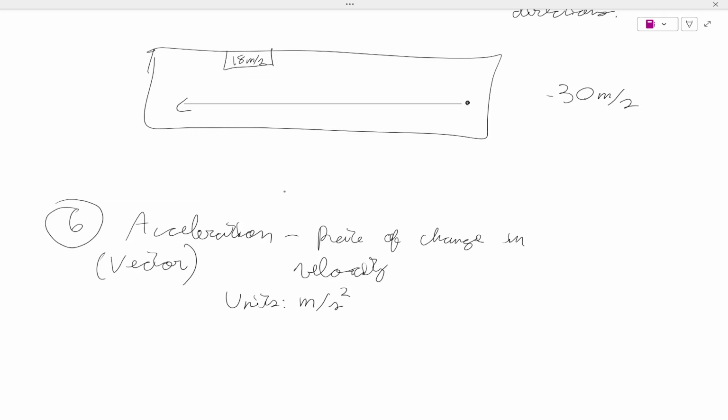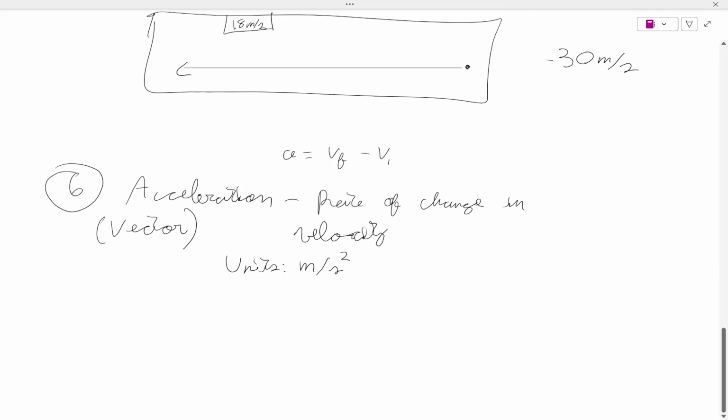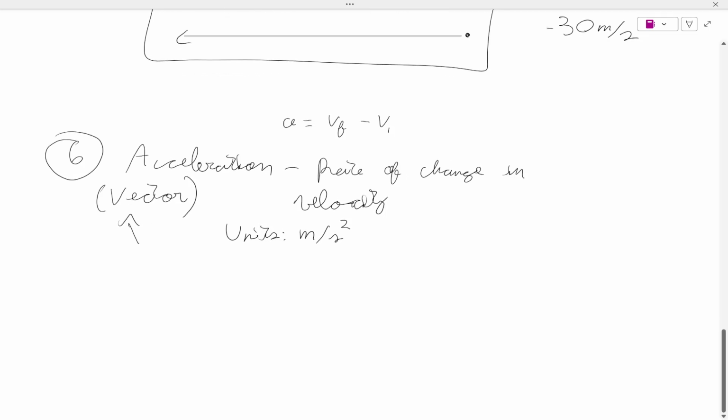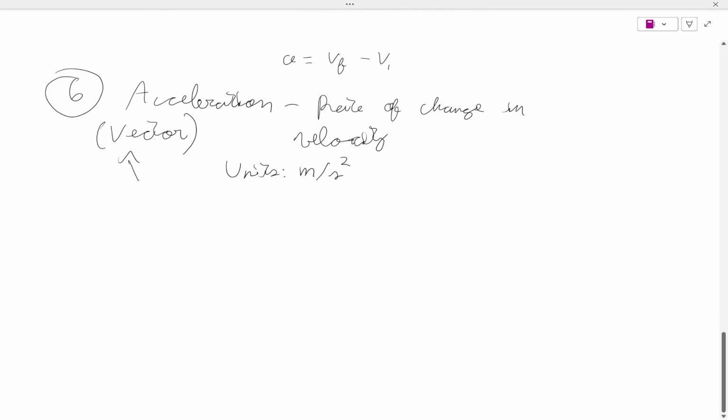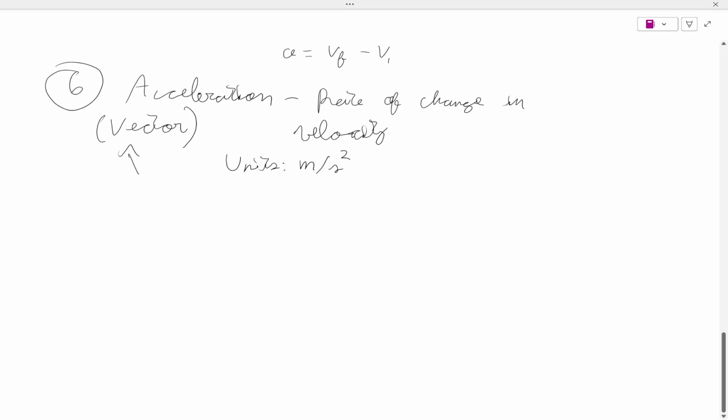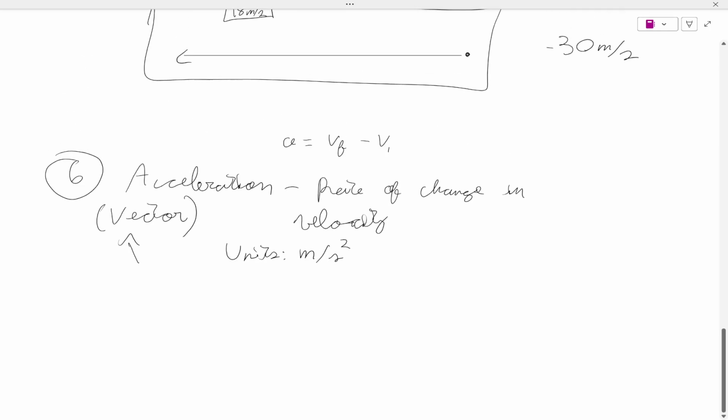So acceleration equals velocity final minus velocity initial. And a very important factor is that this is a vector. So acceleration can be negative, and sometimes it will be negative. This is using velocity.